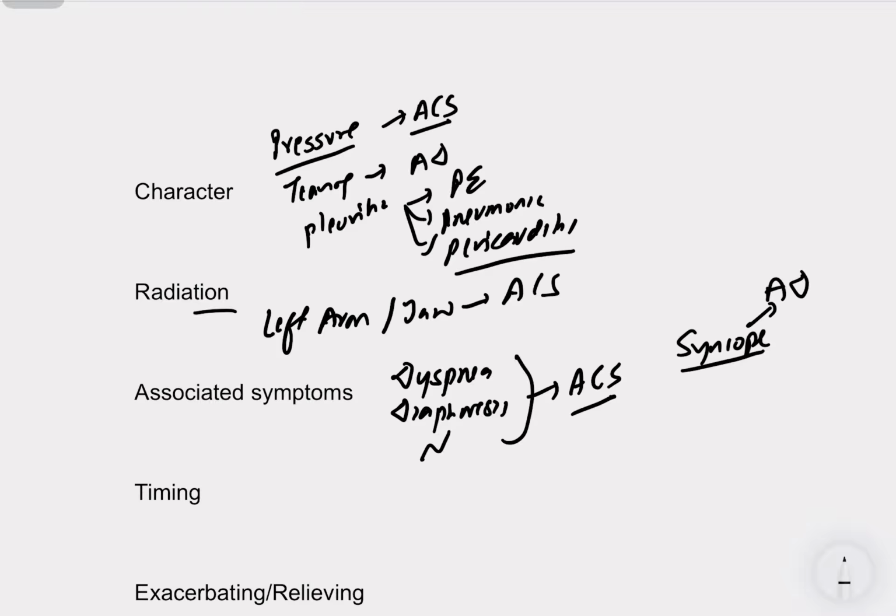Timing and duration: more than 20 minutes of chest pain can be due to MI, acute coronary syndrome.